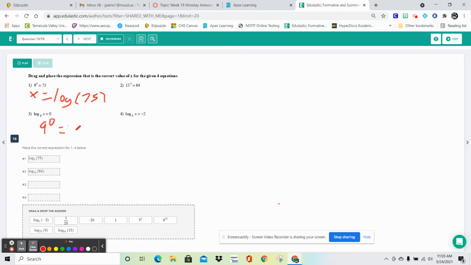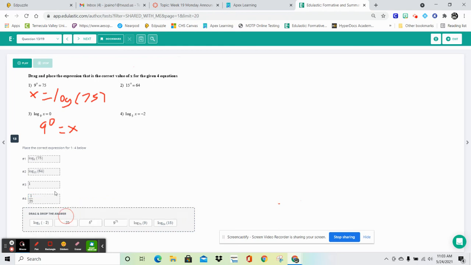So what's x? Anything to the 0 power is 1, so x is just 1. And then 4 is 5 to the negative second, which is 1 over 25.